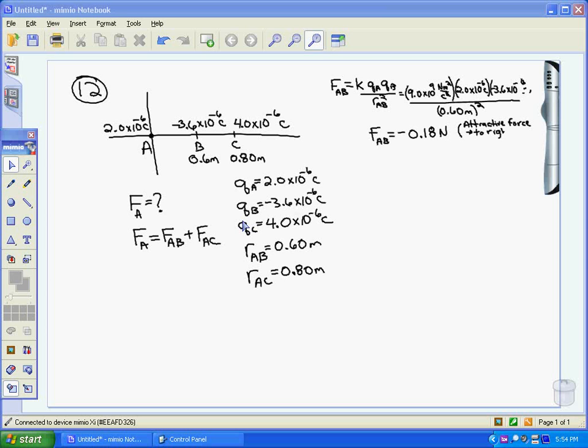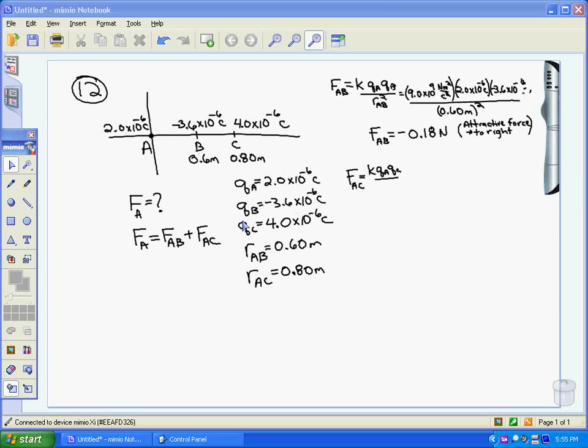Now, if we look at the force on A from C, that's going to be K, which is the constant, times Q sub A times Q sub C over R A C squared, the distance between them squared.